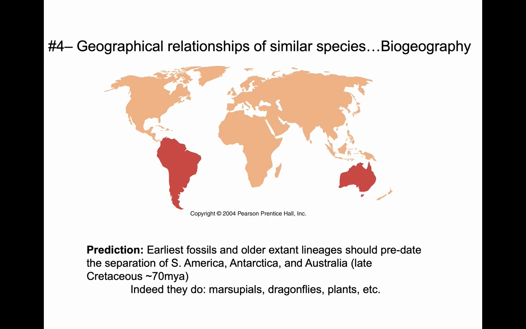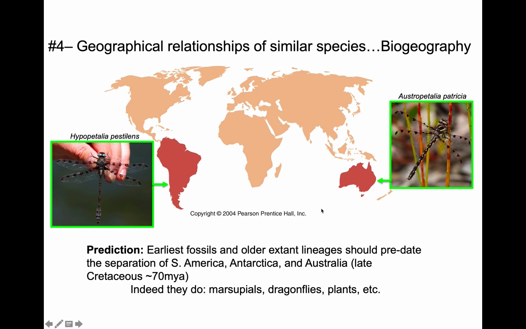So one of the examples I'll show, of course, is dragonflies. On the west coast here and just into Argentina, I mentioned this last time, right? There's this really special dragonfly group in here.